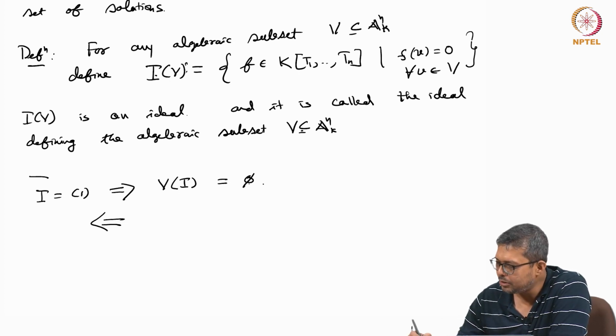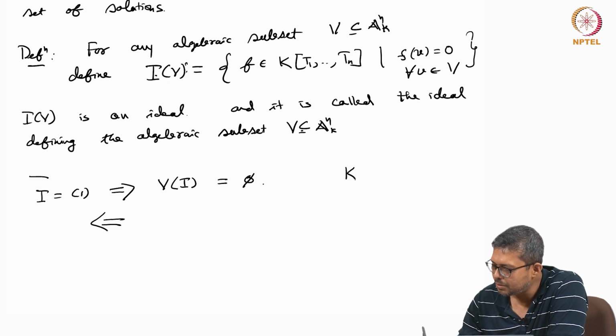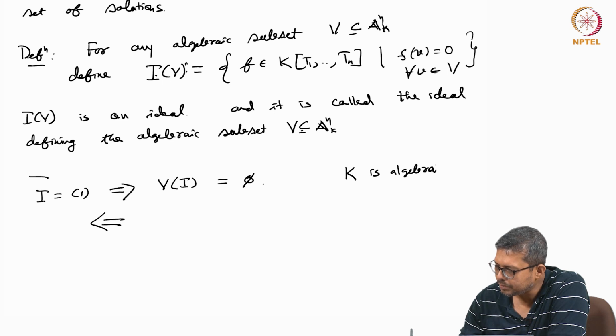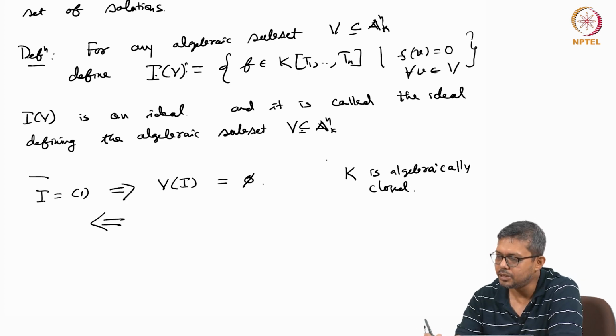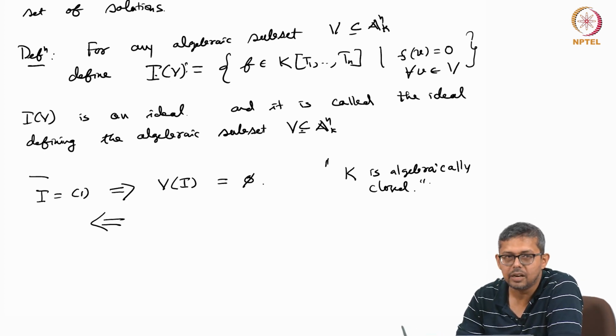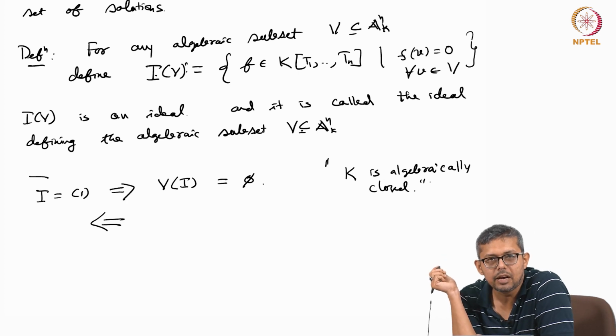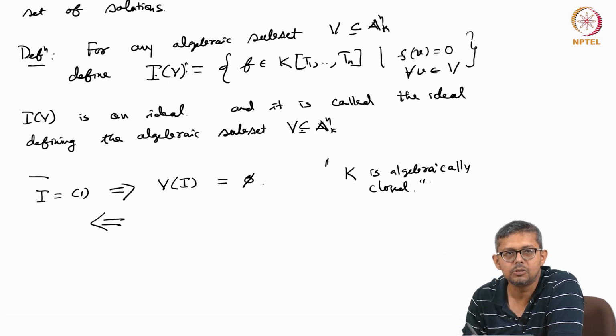So you need to assume something. So suppose K is algebraically closed. We need something. Assume K is algebraically closed from now onwards. Okay. So this is an important assumption. We need it. If we assume K is algebraically closed, then the answer to the converse question is yes.